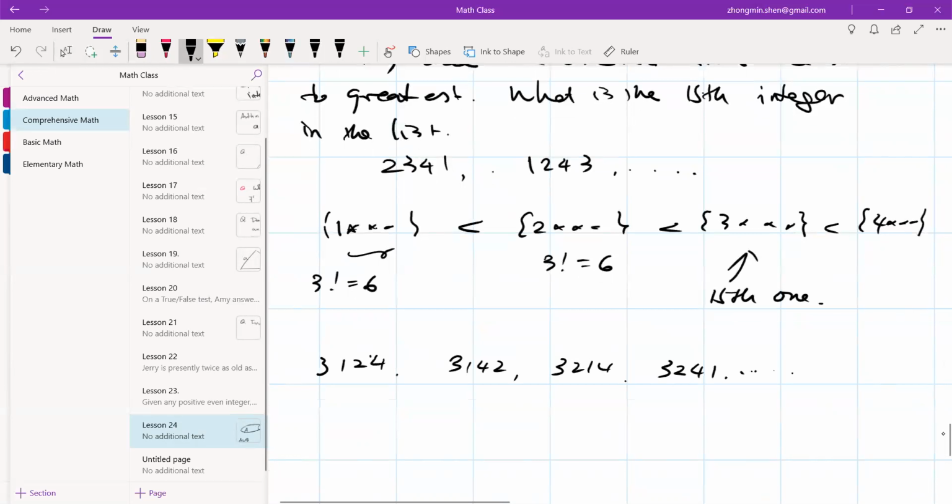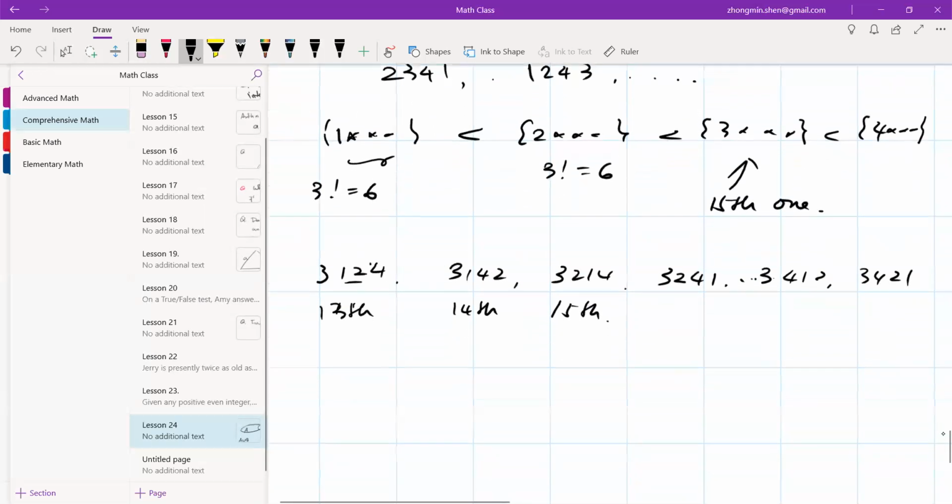That's the 13th, that's the 14th, that's the 15th. So 3, 2, 1, 4 is the 15th integer. That was pretty easy, honestly.